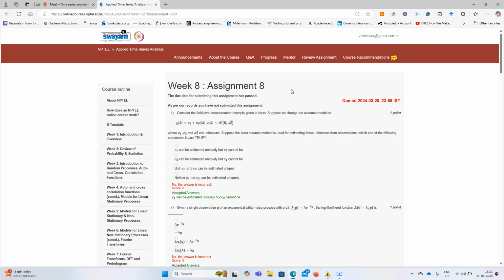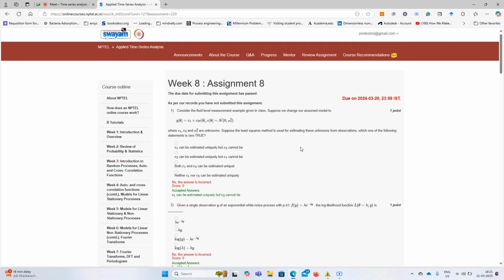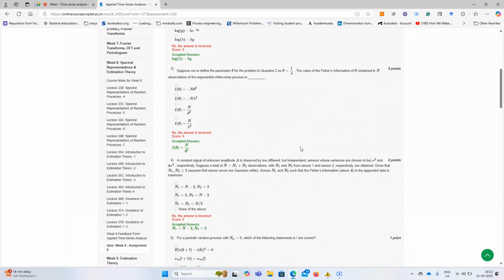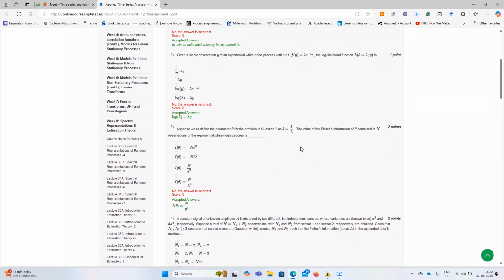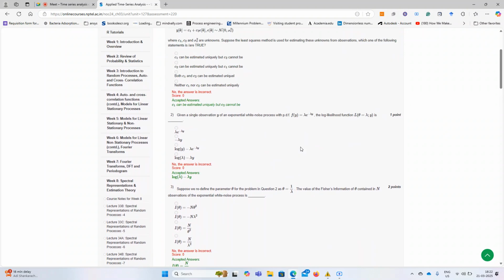Okay. So this week it's mostly about spectral representation of whatever signals you have, and its application in estimation theory.